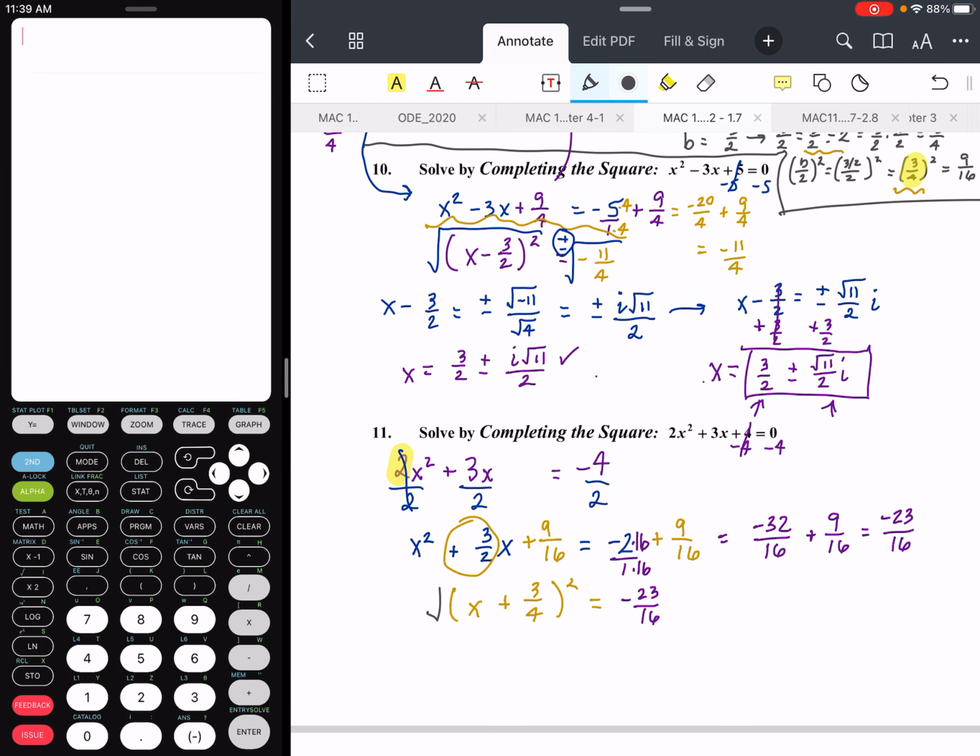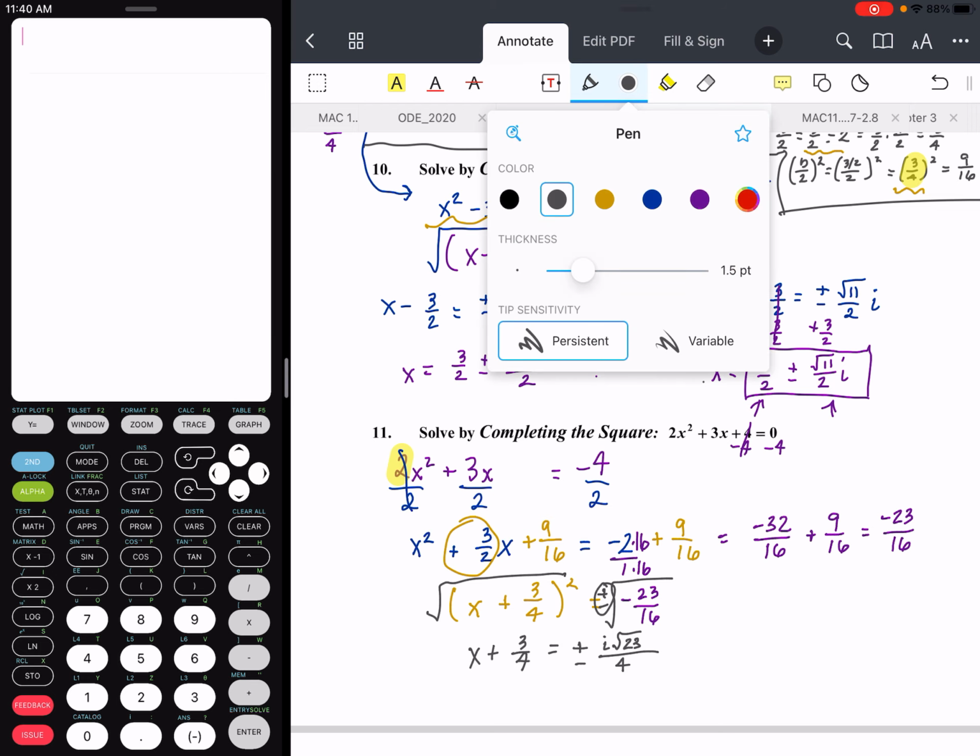All right, square root property. Square root property, don't forget your plus or minus. So x plus 3/4 equals plus or minus, and really similar to what happened with number 10 with our square root of −11/4. Up top, all I can do is pull out my i, and then I have i√23. In my denominator, the square root of 16 gives me 4.